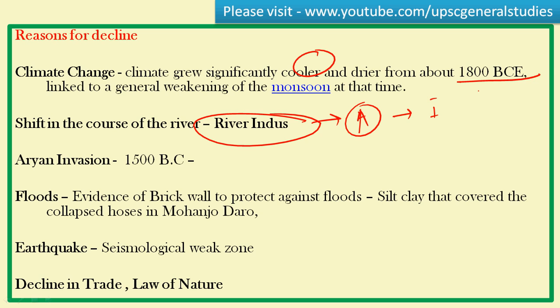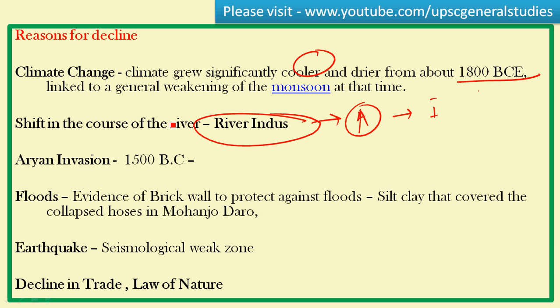When the river shifted its course, agriculture became uncertain, and the people failed to support the experts living in urban settlements, like artisans and priests. So this led to the decline in the village and the urban settlements. That is another reason.